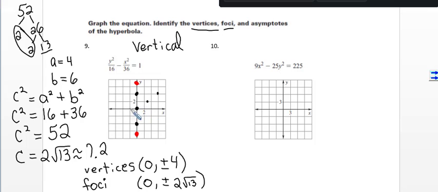Reversing it, I'm going to go down 2, left 3. For the negative 2 over 3x, you start at your 0, you're going down 2 and right 3. Up 2 and left 3.